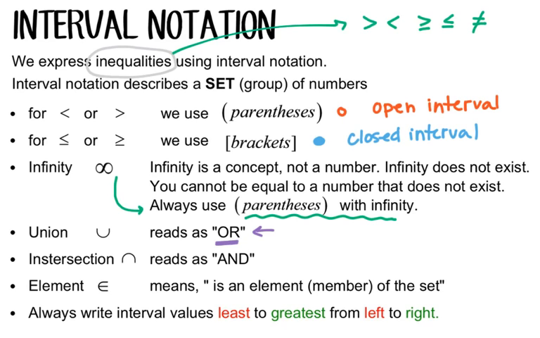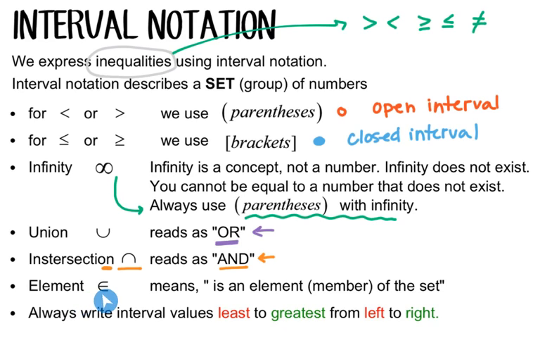So before we talk more about that, let's notice we have an intersection symbol. An intersection symbol looks kind of like an N. A union symbol looks kind of like a U, right? So we've got union and intersection, and they're the same, but they're different. So intersection reads as the word and.